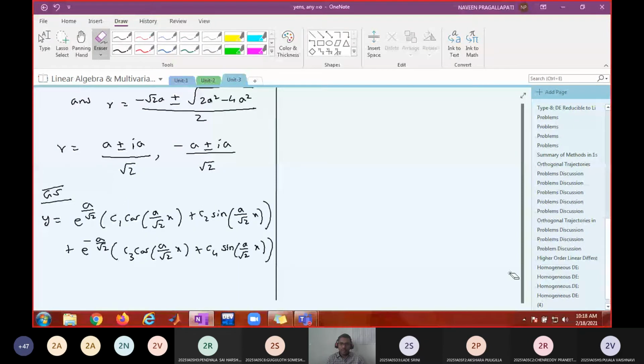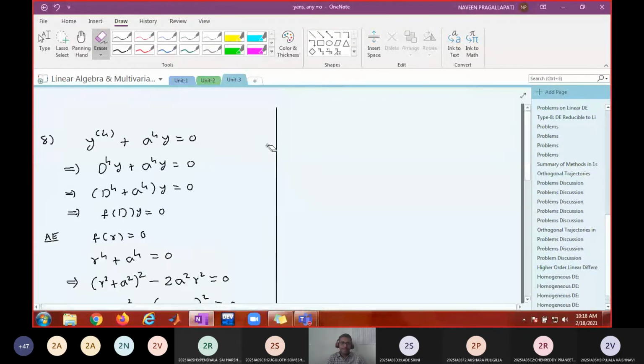So, note down the homework problems. 4y double dash minus 8y dash plus 3y equal to 0 with initial conditions y of 0 equal to 1, y dash of 0 equal to 3.